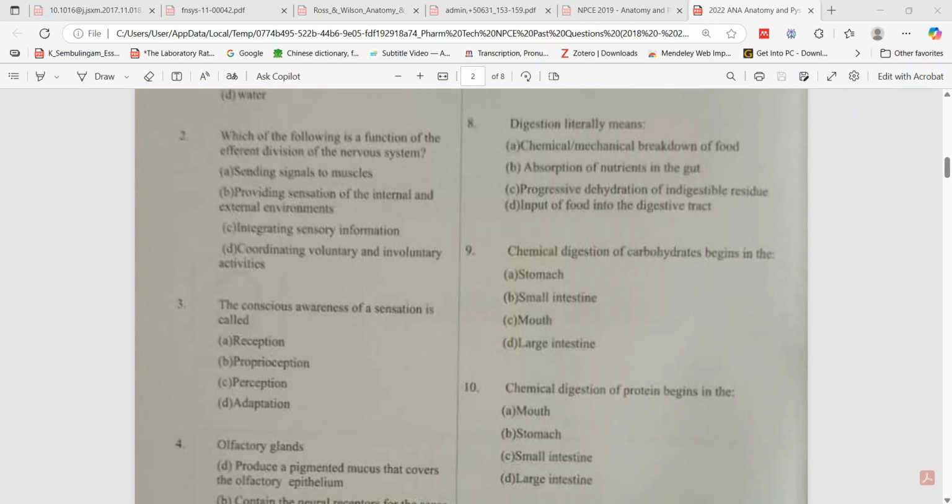D. Coordinating voluntary and involuntary activities. So I'm not sure. Option C. No. The efferent division will send signals to the muscles. Okay, so that's it, it sends signals to muscles.